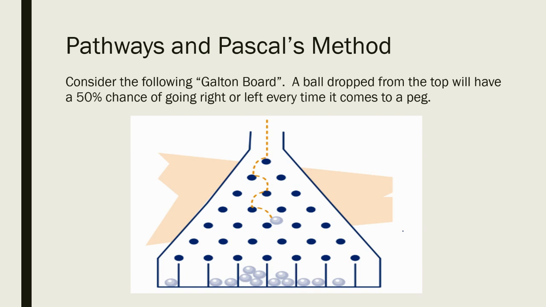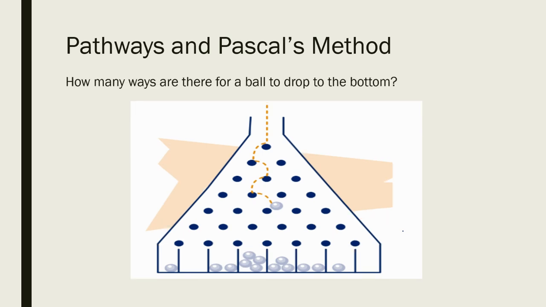In this visual, it's a ball dropping down on pegs, and the ball has an equal chance of going left or right. We can actually use Pascal's triangle to determine the likelihood of a ball reaching any given bin. Later on, we're going to analyze the game of Plinko and talk about how a contestant can give themselves a chance to win the most money.